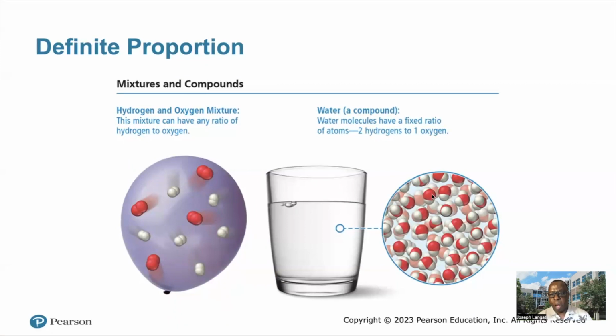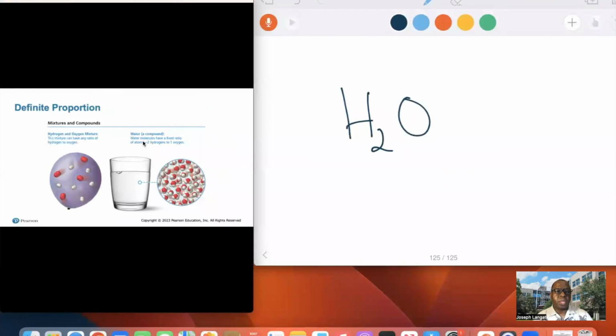For every one oxygen we have, there are two hydrogens. This is just liquid H2O, and this is a mixture of hydrogen and oxygen.